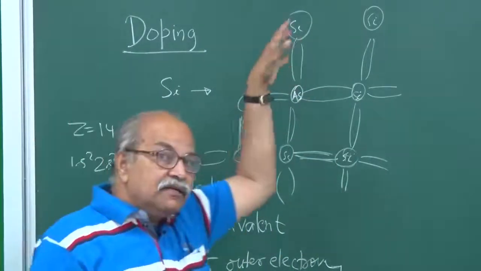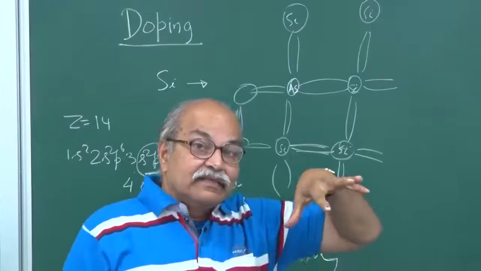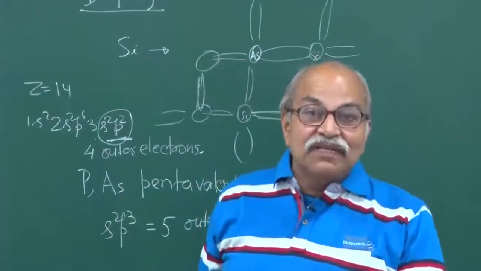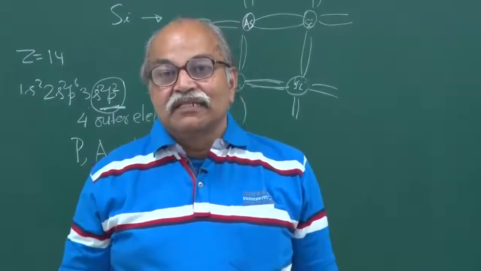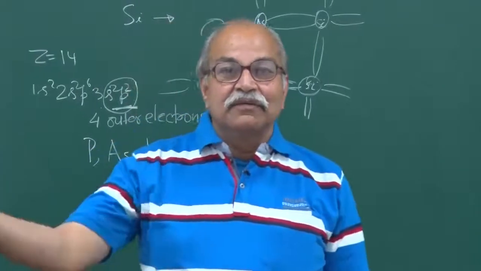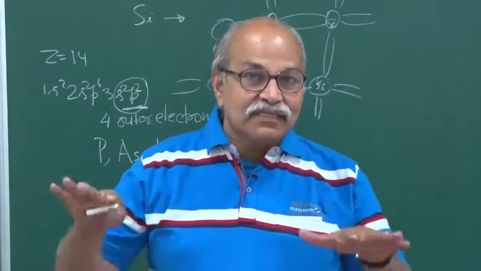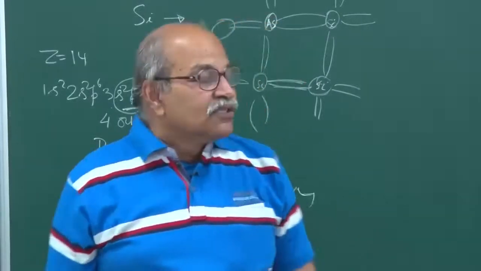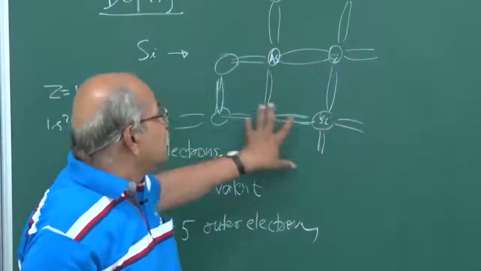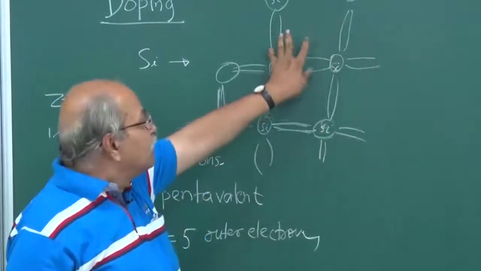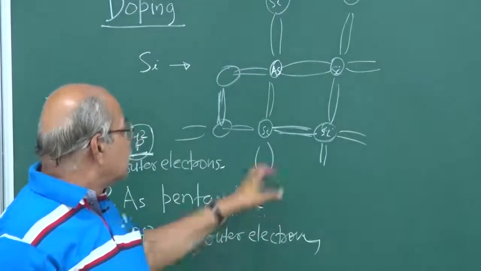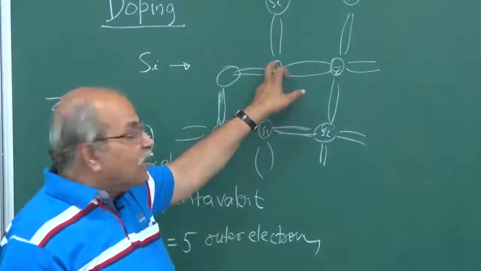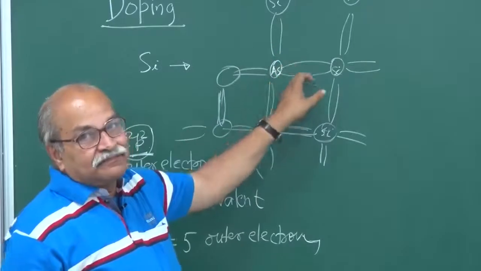In this kind of crystal structure, the minimum energy configuration is when 4 electrons go into sp3 quantum states and take part in bonding. So since the crystal structure is still the same, 4 of the outer electrons of arsenic will again go into the bonding.